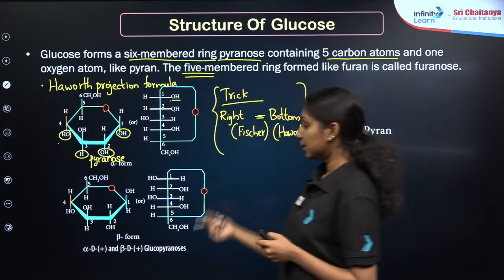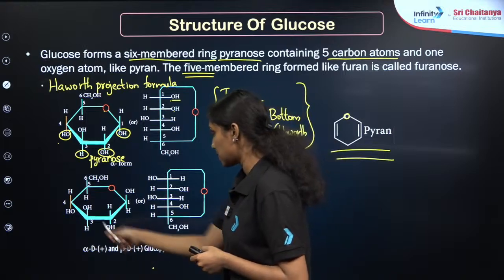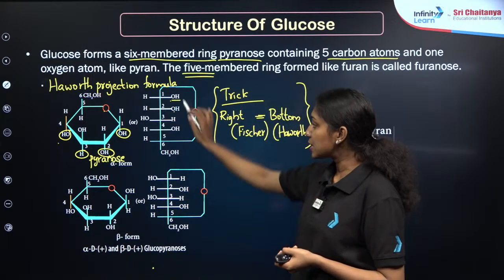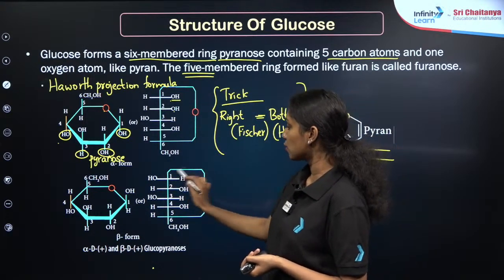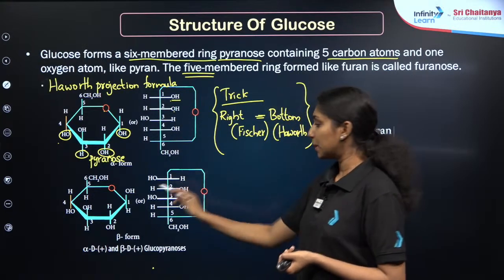Similarly, you can draw beta D glucose also. This is the beta form of glucose. The only difference is that the first carbon atom has a different configuration of OH. In the alpha form the OH is on the right side, while in the beta form the OH is on the left side.